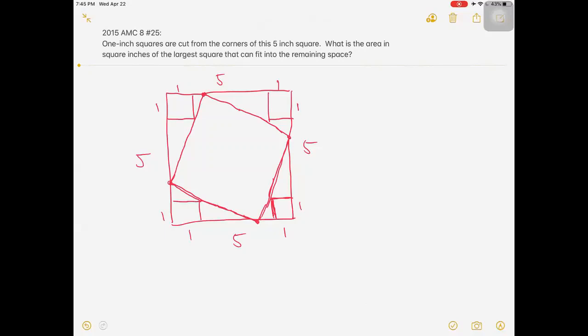Okay, so yeah, some people are saying Pythagorean theorem, but there's a much quicker way to solve this question. You can call it a shortcut, but there's a much quicker way. So what we do is let's draw these lines first.